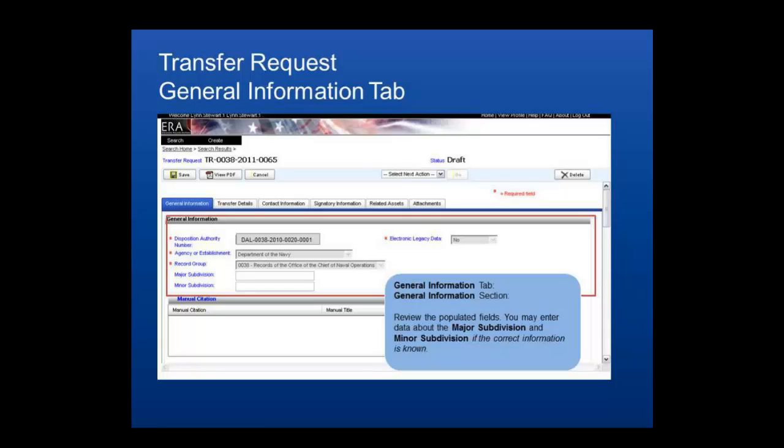So everybody brace yourself. At the very top of the first tab, we have the general information section of the General Information tab.